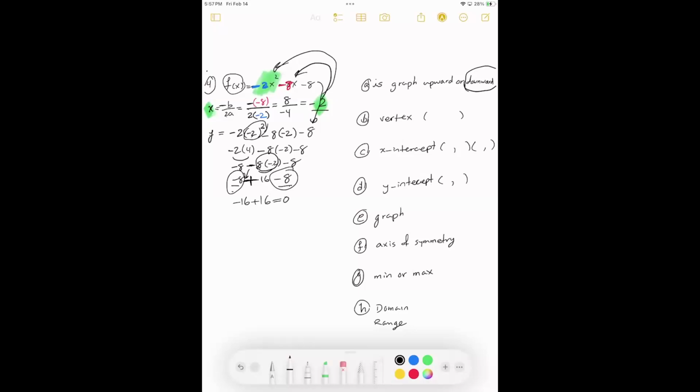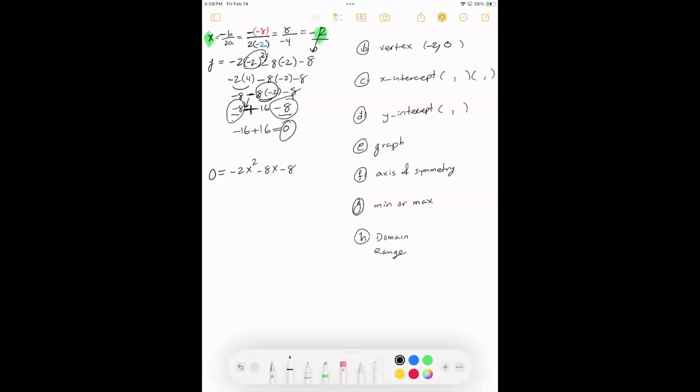So that tells me that the x value of the vertex was negative 2 and the y value of the vertex is 0. I have to find my x-intercept. To find the x-intercept, you set your function equal to 0 and you solve for x.